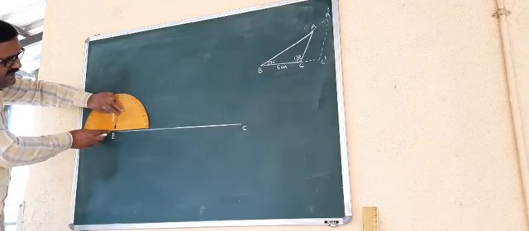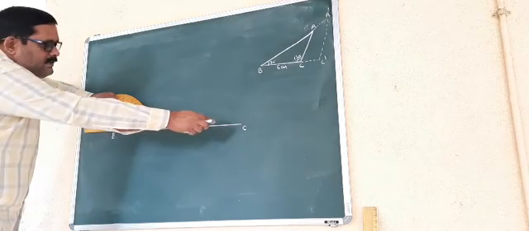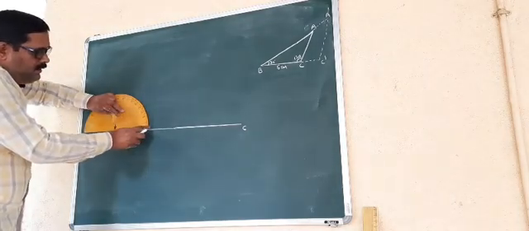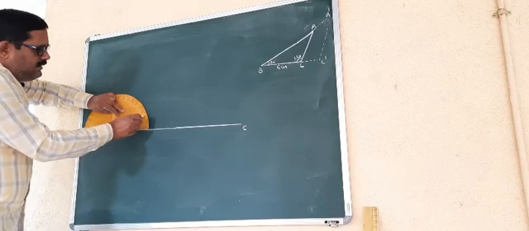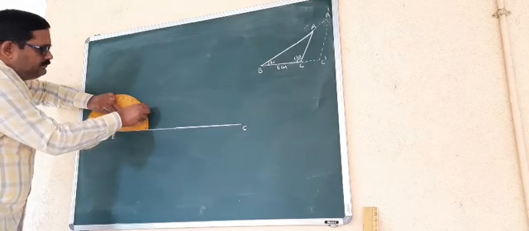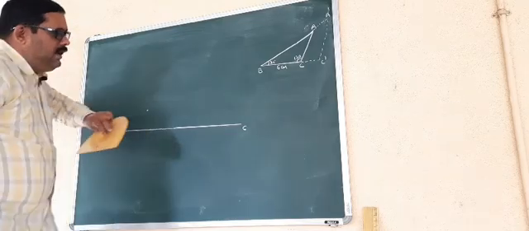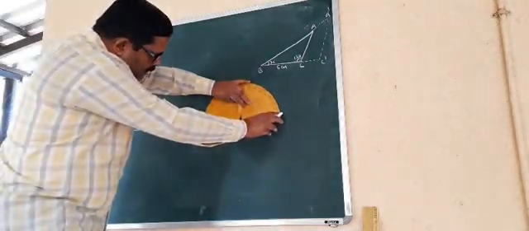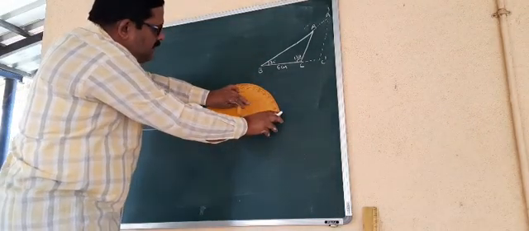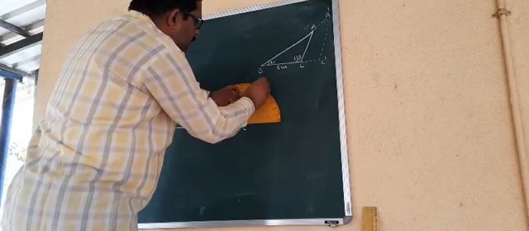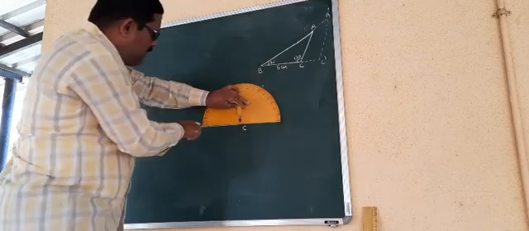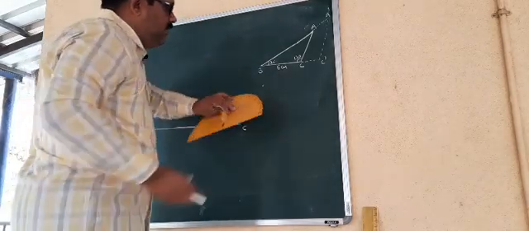As the baseline is here, you have to mark 30 degree from this side, 0, 10, 20 and 30. And at point C we have to mark 120 degree. Here we have to mark the angle from this side.